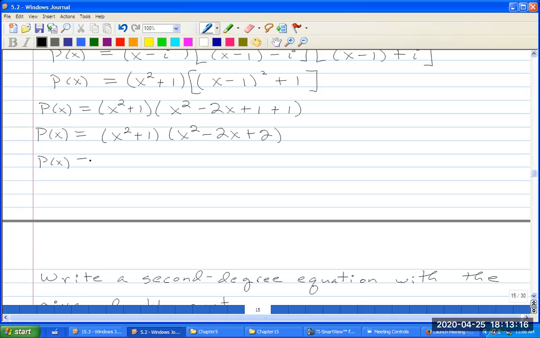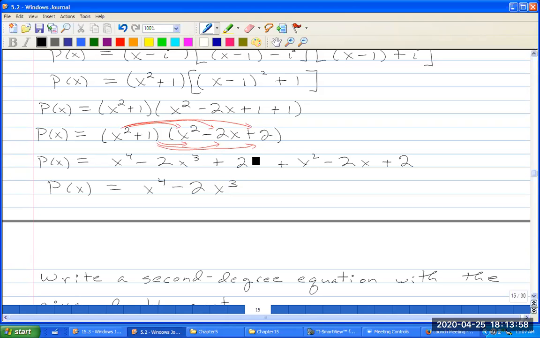And so let's multiply this out. So this is going to be, and maybe I'll write it this way, multiply everything by x squared and then by 1. So this is equal to x to the 4 minus 2x cubed plus 2x squared plus x squared minus 2x. Simplify this.